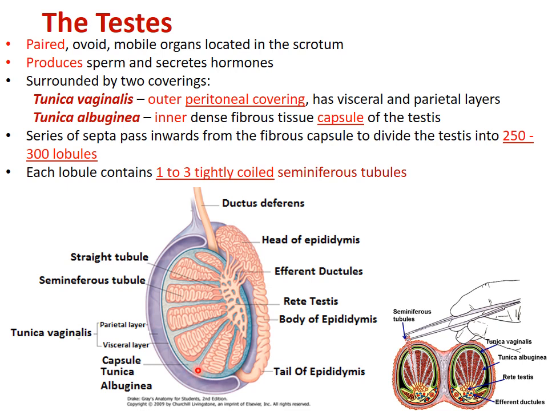From this tunica albuginea, thick fibrous connective tissue, there goes a fibrous extension inside the testis. These fibrous extensions are called the septum. These septums are the inward extension of the outer covering, the tunica albuginea. So tunica albuginea is here.